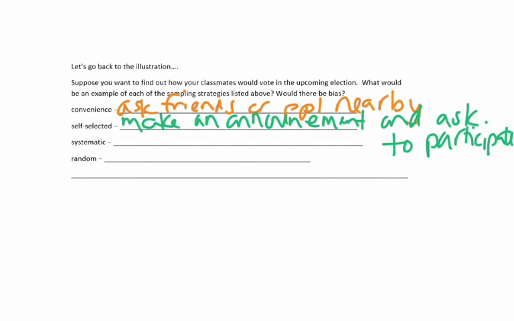Or if you're very opposed to a particular candidate, you're like, I've got to get my opinion out there. People who are on the fence, people who aren't sure, people who don't care, they're not likely to respond. And so you are going to be missing the element of your population of maybe people that won't vote. So if you have, I'm going to vote for candidate A, I'm going to vote for candidate B, and I'm not planning to vote, you might not get a lot of the people saying I'm not planning to vote, because they're not going to vote and they're not going to participate in your poll either.